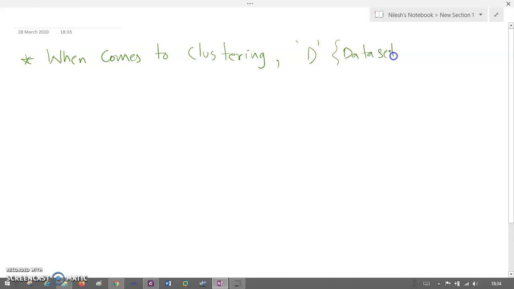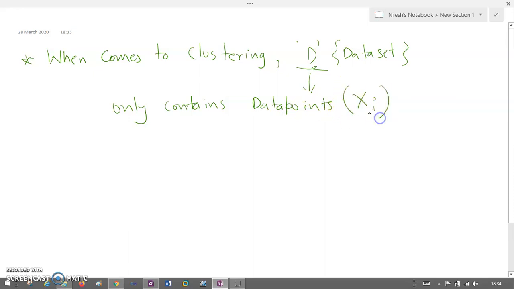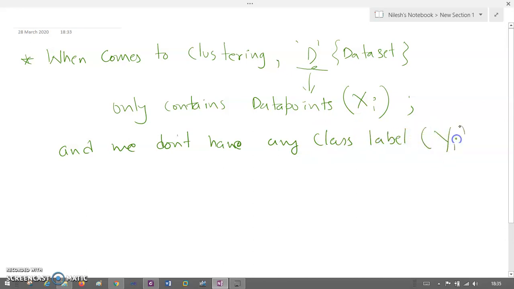We provide a data set D that only contains, I hope you remember this, only contains data points x of i, and we don't have any class label y of i.